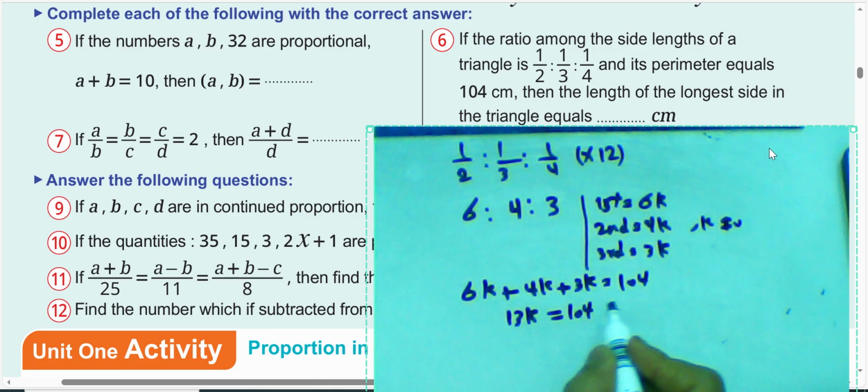So 13k equals 104. We can divide by 13, then the value of k equals 8.